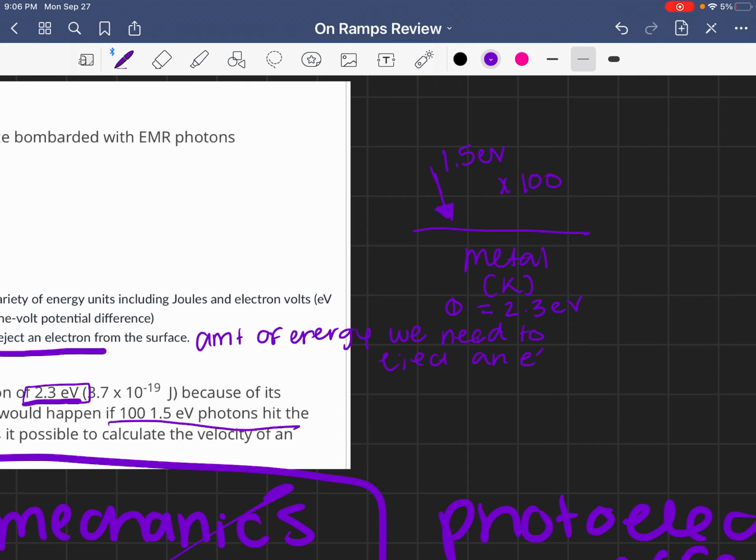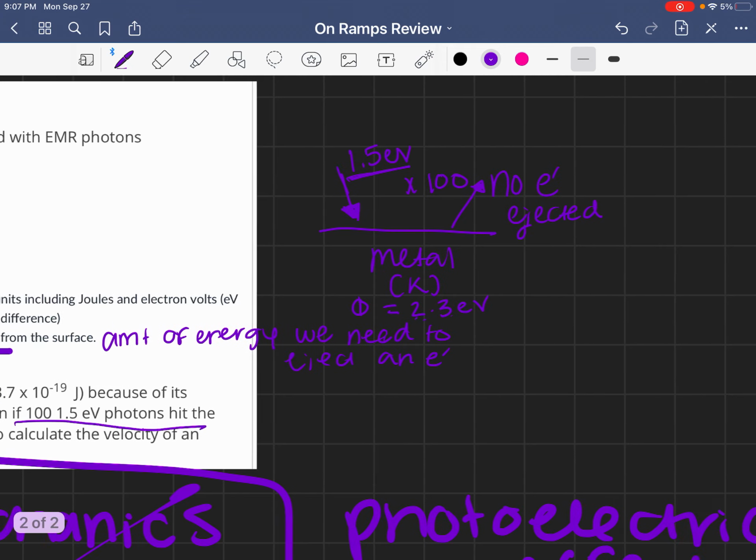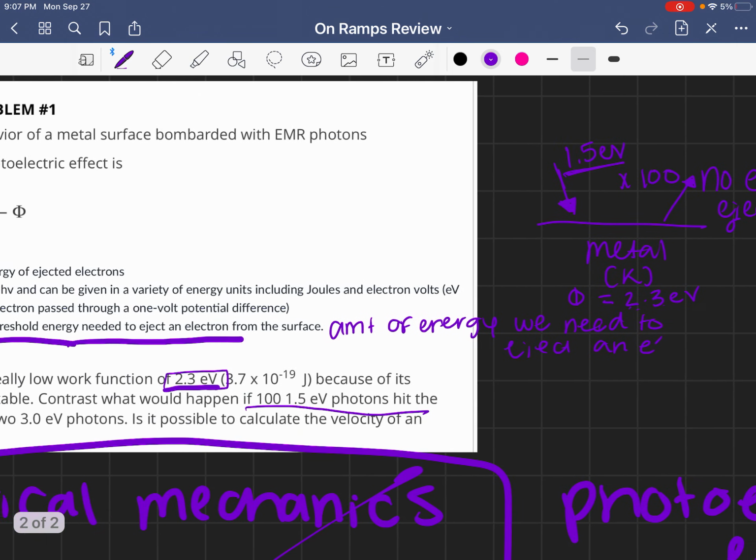We can have 100 of them and we can have one of them, it's still only 1.5 eV. So that 1.5 is not greater than our work function, which is 2.3. So that means no electrons will be ejected. Okay? So that 1.5 is not greater than the 2.3, making no electrons be ejected.